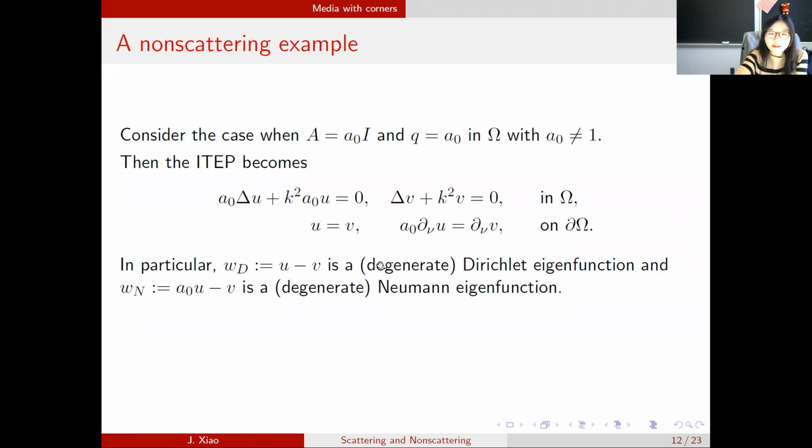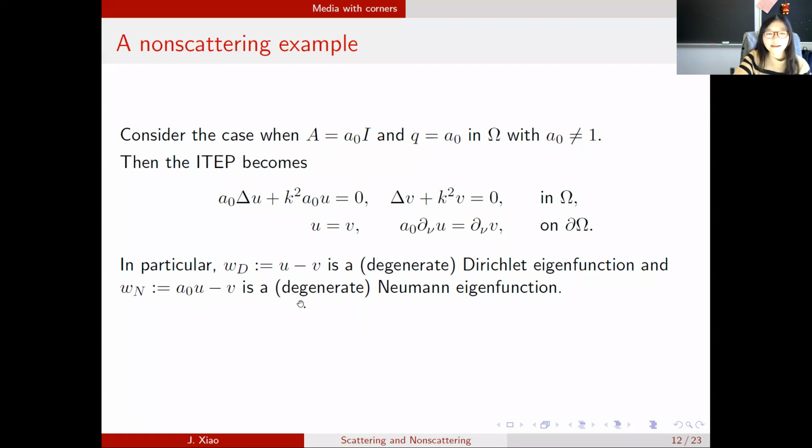I call it degenerate because we don't necessarily have U different from V, say. We can actually have U equals V. So this eigenfunction may be just zero. So it's not really an eigenfunction, but one of them has to be non-degenerate.